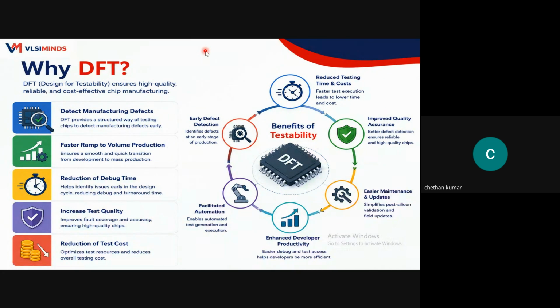So we have a process of testing ICs by having DFT logic in them. That gives a structured way of testing the IC after manufacturing, so that we can detect the manufacturing defects. With a DFT in the chip, we can bring the chip or product onto the market on time.